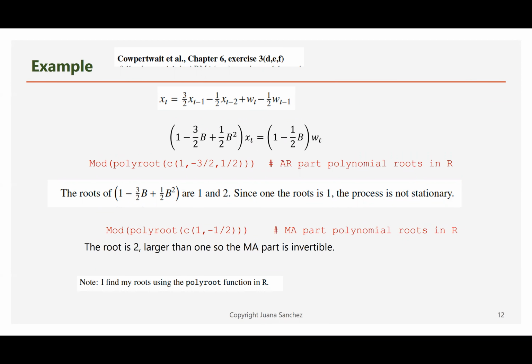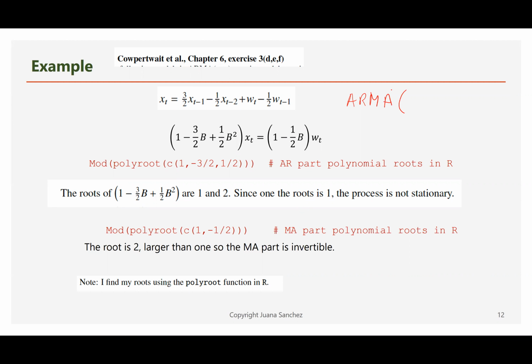This example is from Cowpertwait's textbook, which I have recommended you to read because it's free and it's in our library. So suppose we have x_t equals 3/2 x_{t-1}. So this is an ARMA model, right? There is no differencing done here.